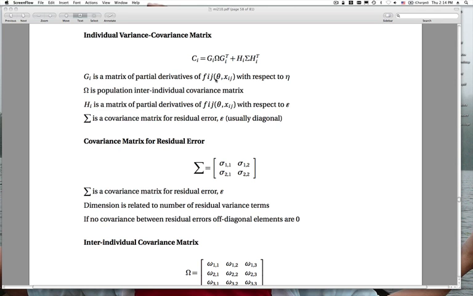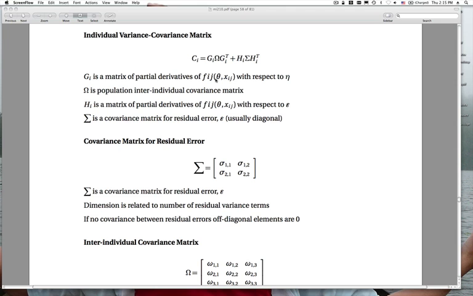It's scaled by the magnitude of the individual variance, or in other words here, by the omega, the population inter-individual covariance matrix. So the partial derivative matrix defines where in the concentration time curve the individual random effects are most influential, whereas the omega matrix determines the magnitude of that impact and how large that variance might be.